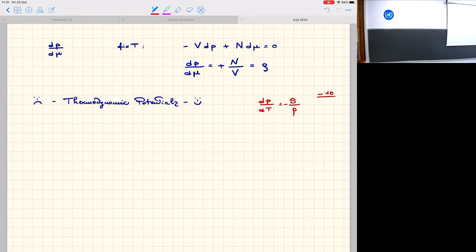Why? Because one is extensive, the other is intensive. So you certainly know that here there shouldn't be a density, but perhaps a volume, right? So you see, that's how it works. It's actually very quick to realize how these things work.